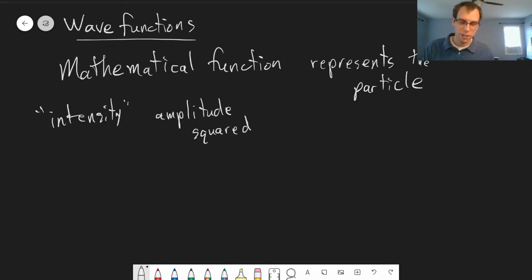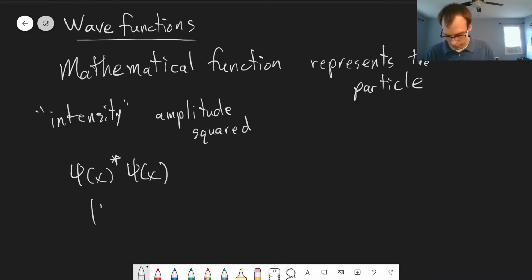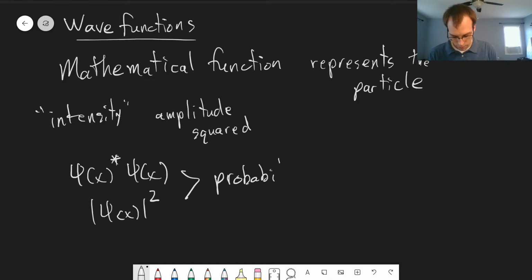In a quantum sense, what we take is our wave function. If we take that squared, or to be more precise, we take the complex conjugate times the wave function itself, often written like this with an absolute value symbol around it, squared. What this represents is a probability distribution of where the particle is.